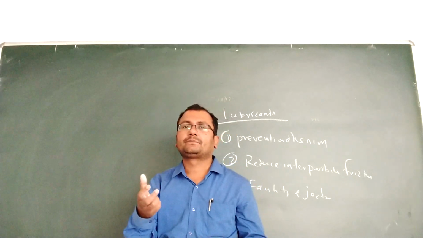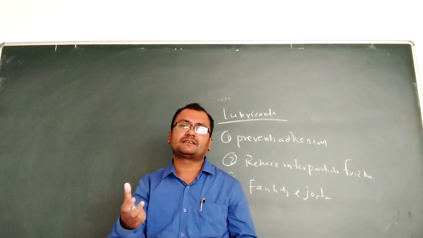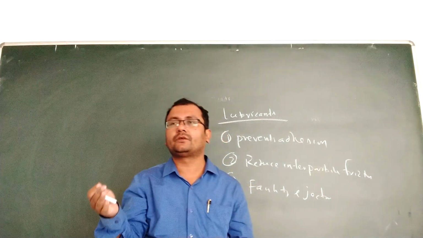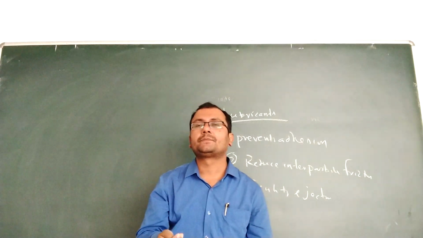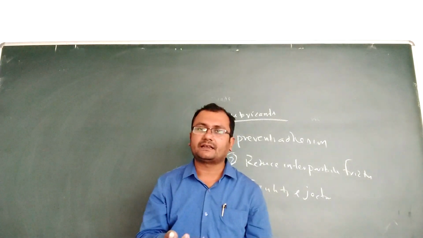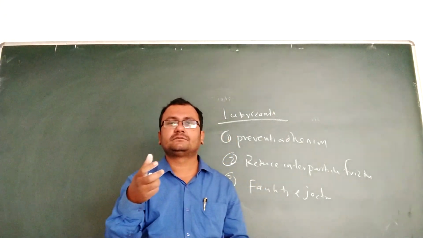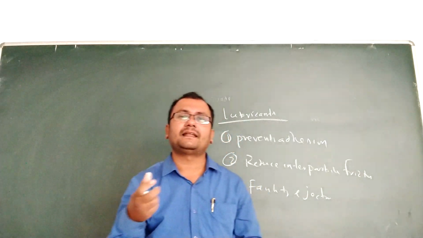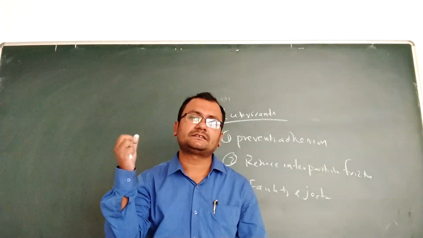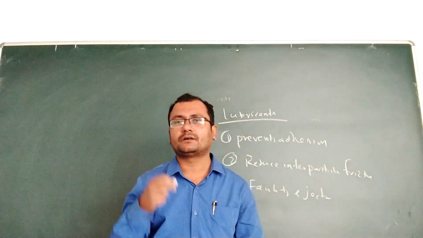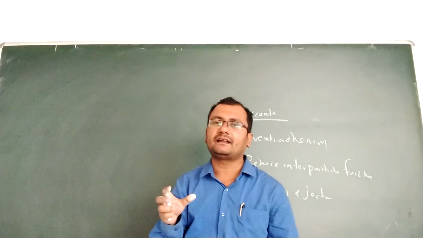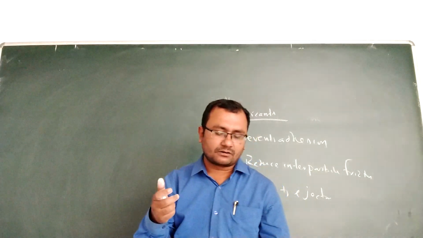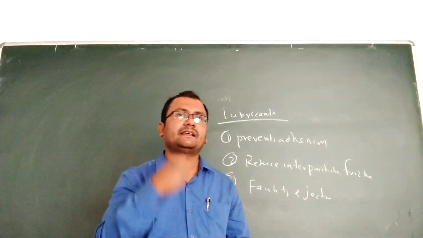We can prevent adhesion of the tablet on the die wall. Later on, I will show you what the die and the punch are, and how the tablets are compressed. By using this, we can prevent the sticking of tablets or tablet particles on the die wall and punch, and it will also prevent interparticle friction, and the tablet can be ejected easily.